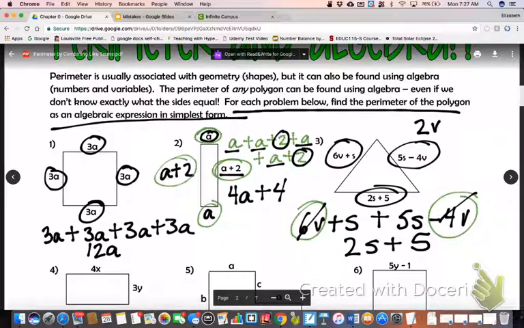Then I've got an S plus 5 S's plus 2 S's, which means 5 plus 2 plus 1 is going to give me 8S. And last but not least, I have this 5, which doesn't have any other numbers to combine with, so it's simply going to be a 5. So the perimeter of this shape is 2V plus 8S plus 5.